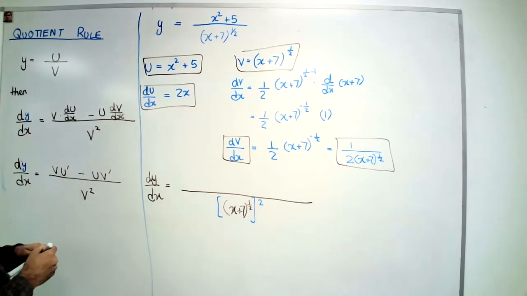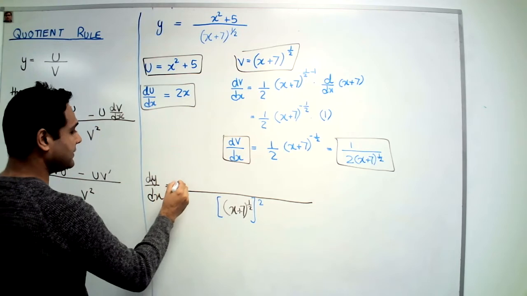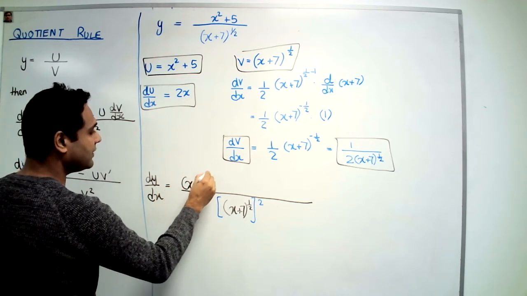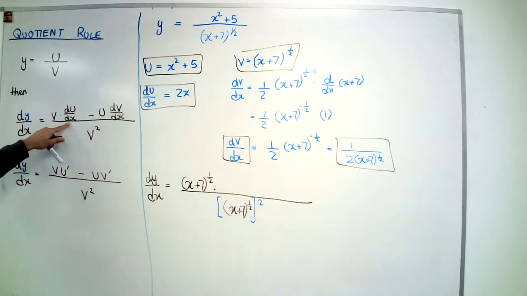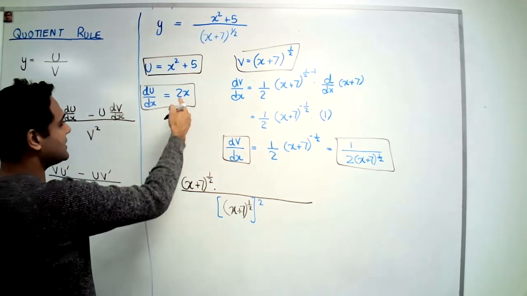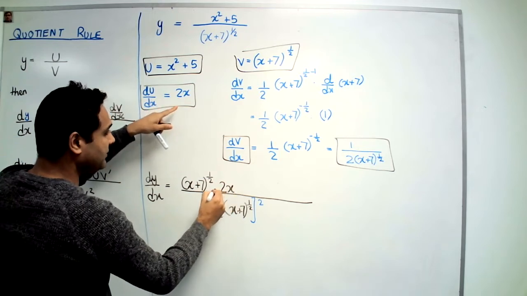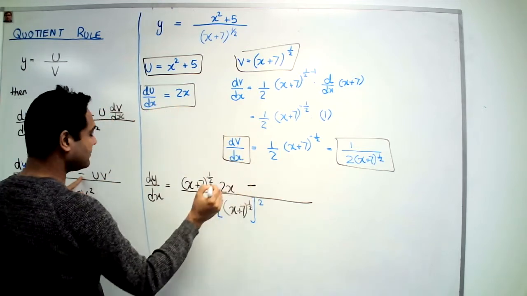Now then v here. So you put the v on this side. So v is that bit, x plus 7. Then du over dx. Du over dx is here, the 2x. This dot means multiply. Then there is a negative from the formula.